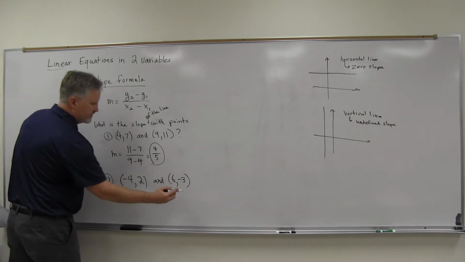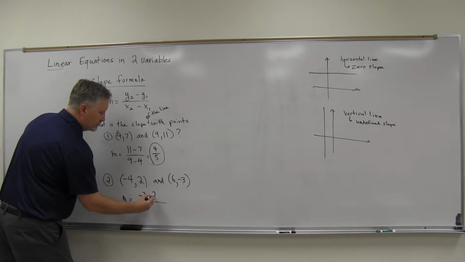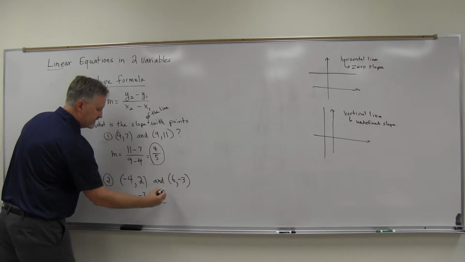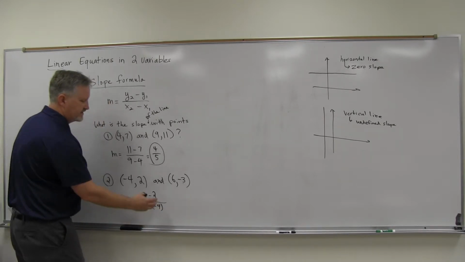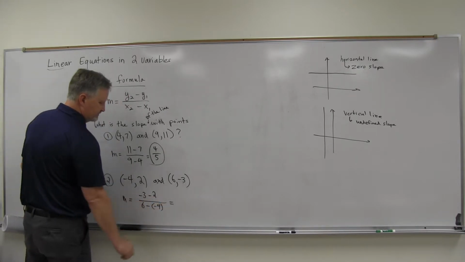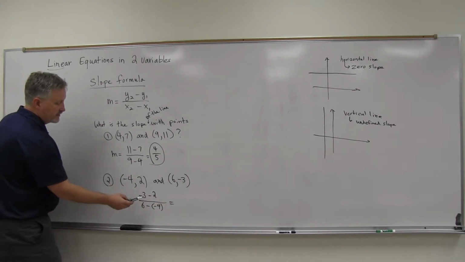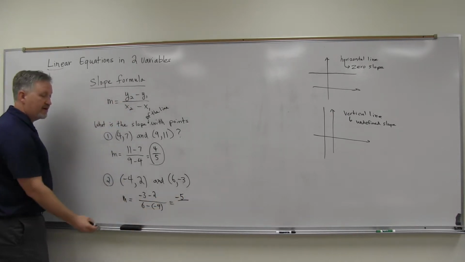So what do we got there? Second y, -3, minus first y, 2, over the second x, 6, minus the first x, -4. That's about as tricky as you can get on these, because you got to watch your signs. On top, you got -3 minus 2, that's -5. And on the bottom, what you got?